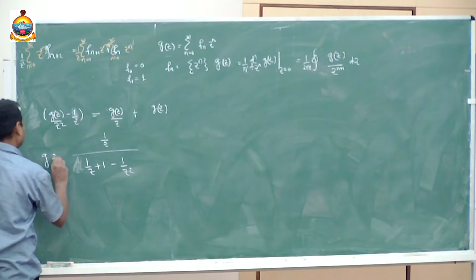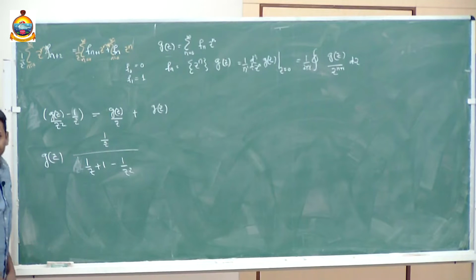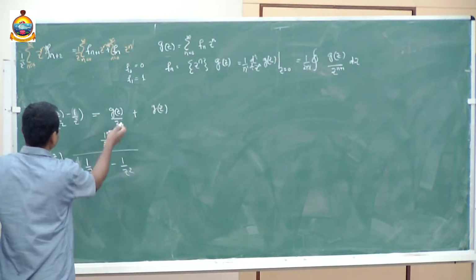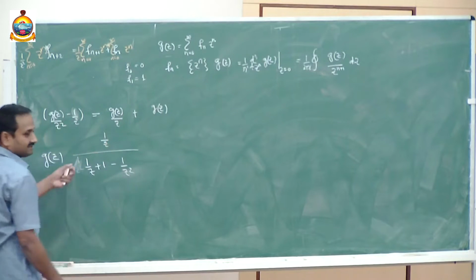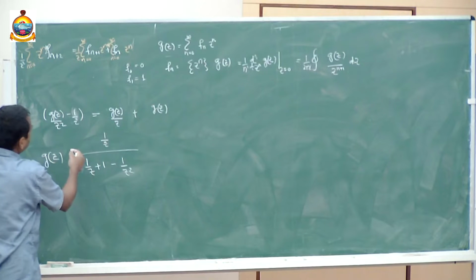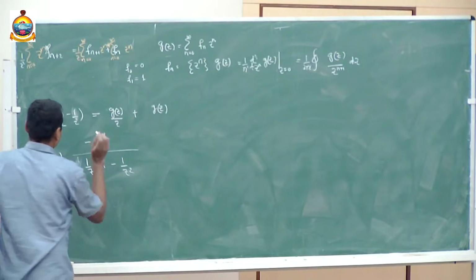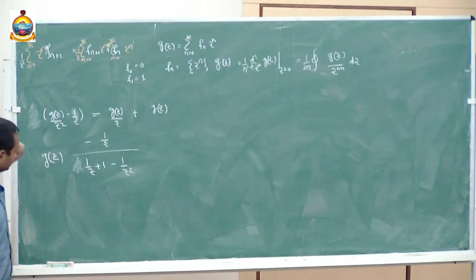So this is g(z), and you can simplify this further. This minus has gone, 1 by z, and this is fine. 1 by z squared I have taken. Oh, there is a minus sign. Okay, it's a minus sign. So this is your function.